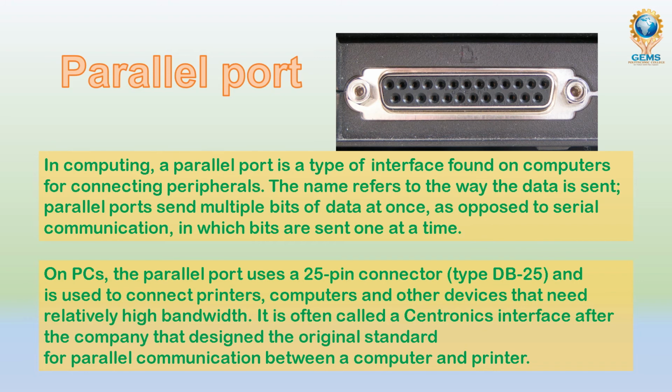In the picture that I have shown you, that is the parallel port. It has a 25 pin connector that is used to connect printers or different computers or other devices that have high bandwidth.